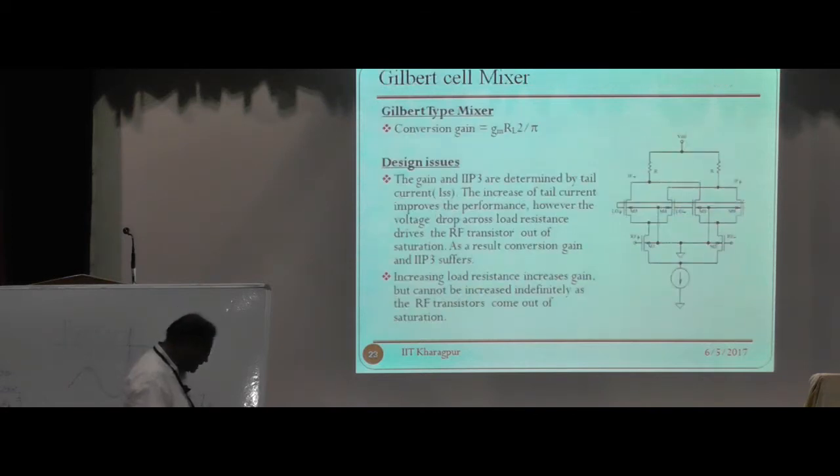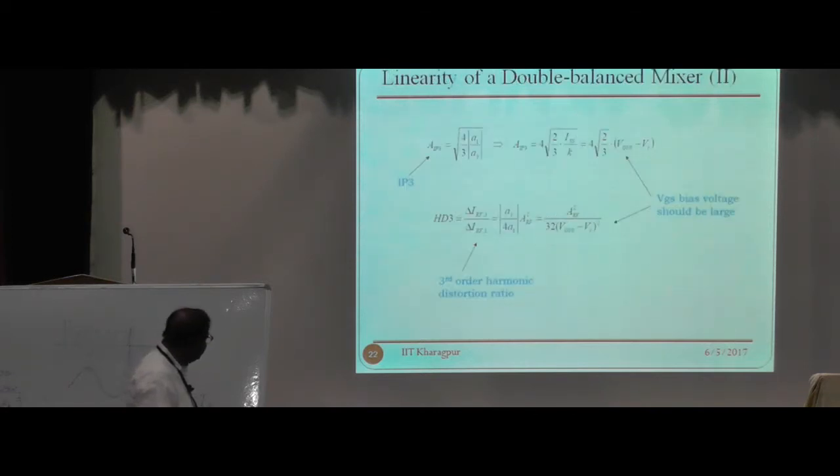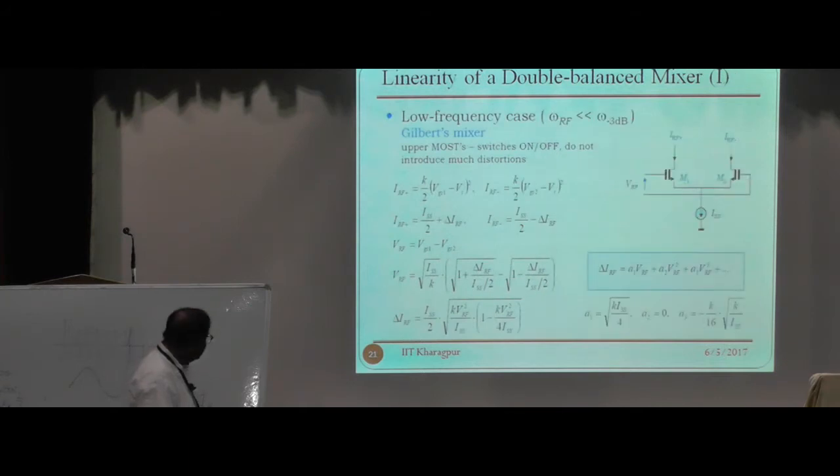In this case, you will find that alpha 1 is root over K ISS by 4. You remember the nonlinear part, y equal to alpha 1 x plus and so on. Alpha 2 is 0, and alpha 3, the coefficient of x cubed, the third order term, is minus K by 16 root over of K by ISS.